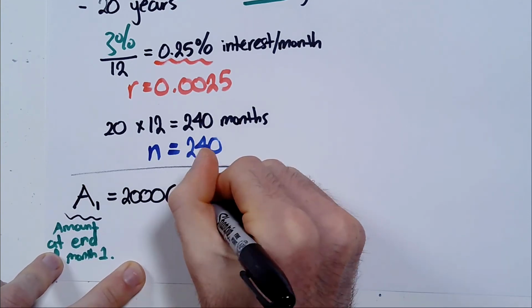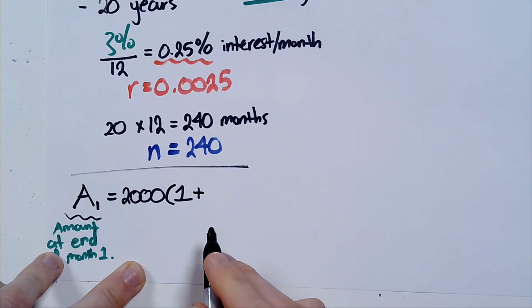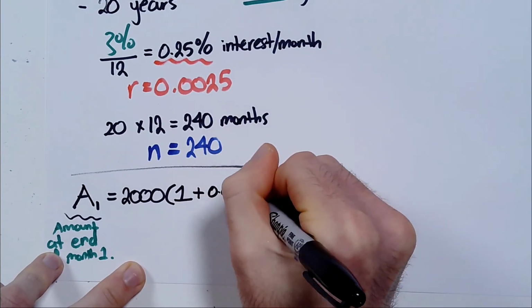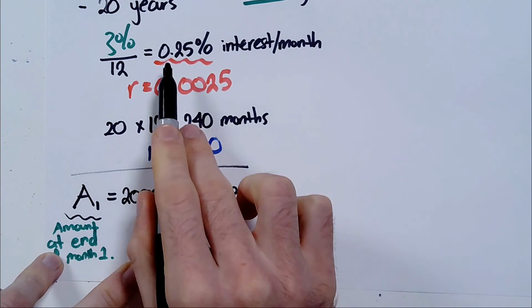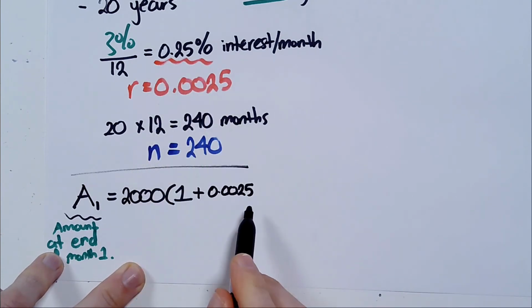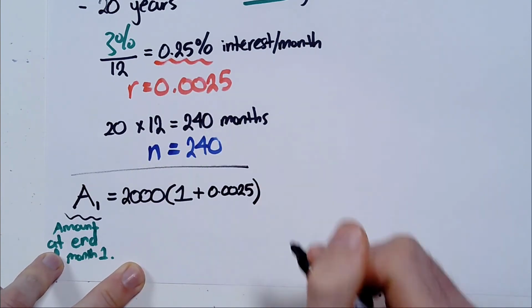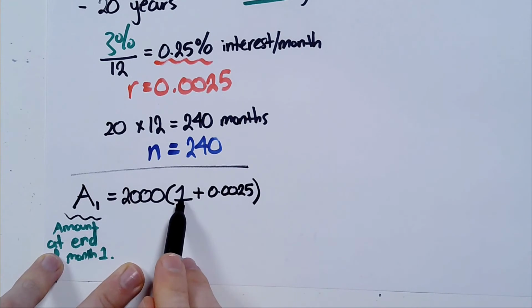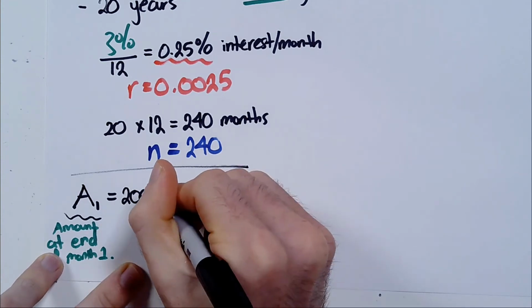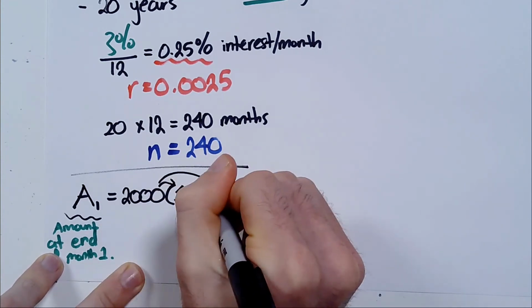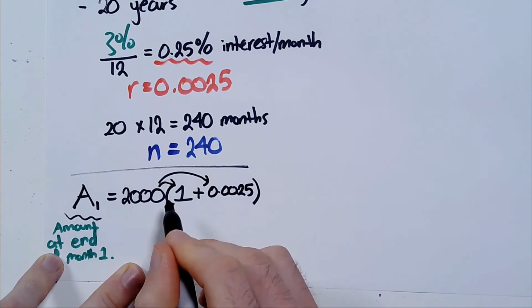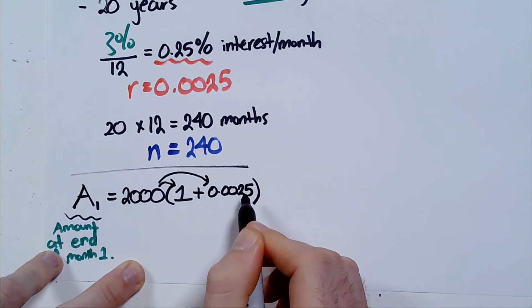But additionally, we do a 1 plus 0.0025, which remember is the same as 0.25% in interest. Closed bracket, right? So not only do we have $2,000 times 1, we also have $2,000 times 0.25%, because you have the original amount plus the interest that the bank pays you.